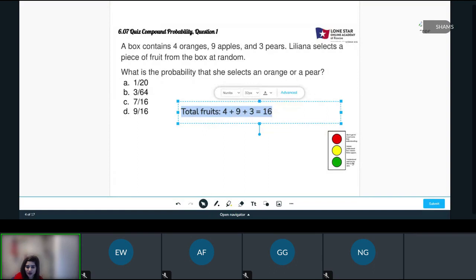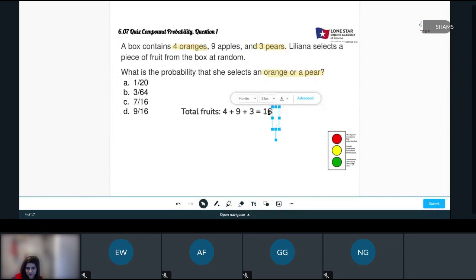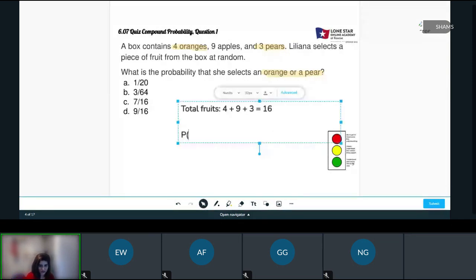We want the probability of selecting an orange or a pear. There are 4 oranges, there are 3 pears. So how do we express it? The probability of oranges or pears will be, because there are 4 oranges and 3 pears, we have to combine, we have to add.